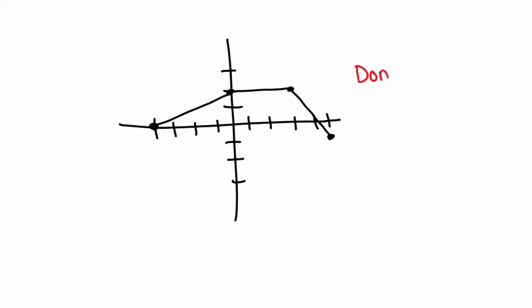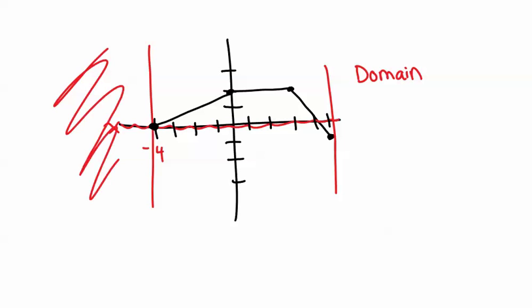So if we want to know what the domain of this graph is, we're looking at the x-axis. So we're looking along here, and we're thinking, okay, along the x-axis, looks like 1, 2, 3, 4. -4 is the farthest it goes, then there's nothing here. And 1, 2, 3, 4, 5 is the farthest over. It goes this way, and there's nothing over here.